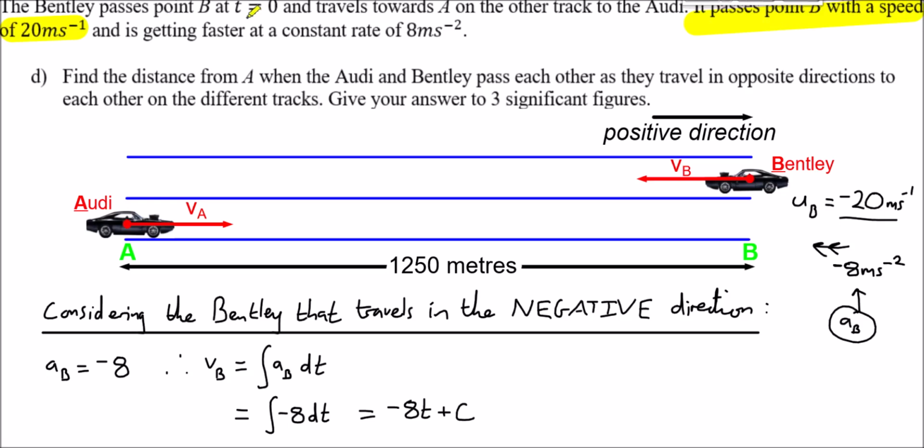So at t equals 0, its speed is 20. Its velocity at t equals 0 is minus 20. So we can put this in as our initial conditions for the Bentley. So when t equals 0, the velocity of this Bentley is negative 20.